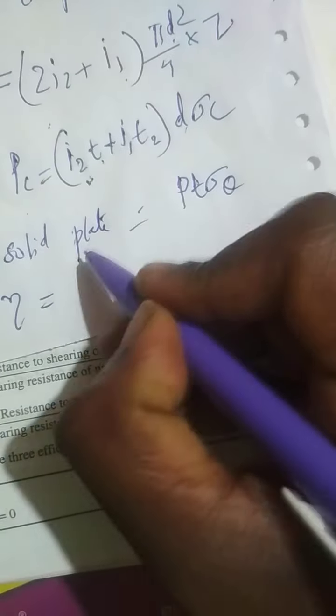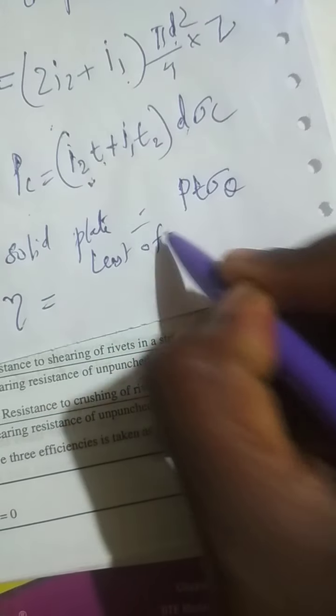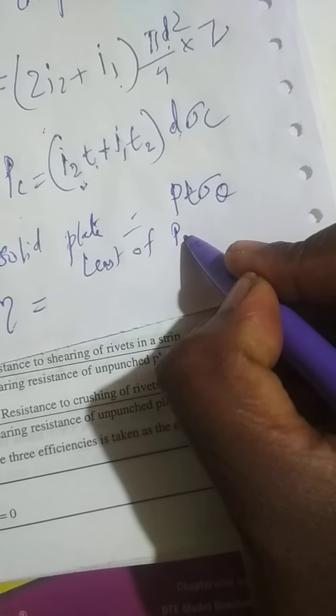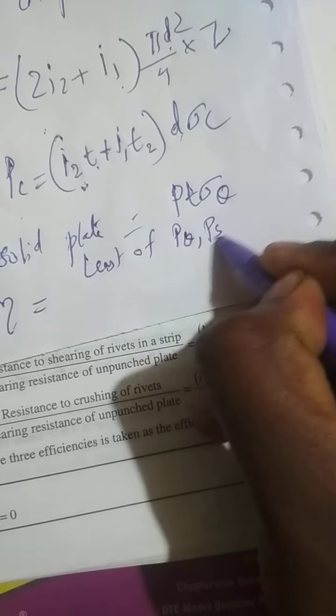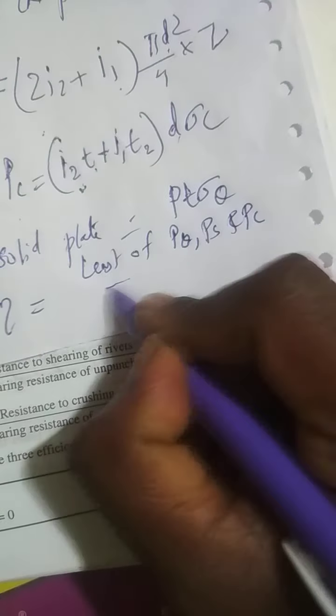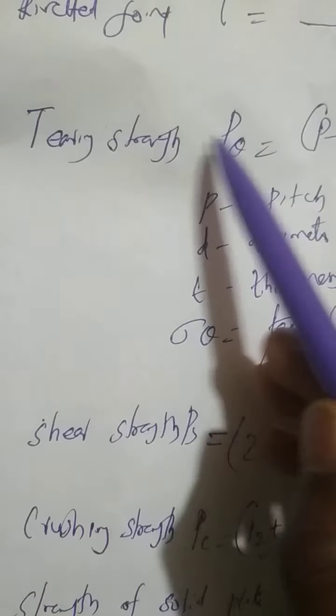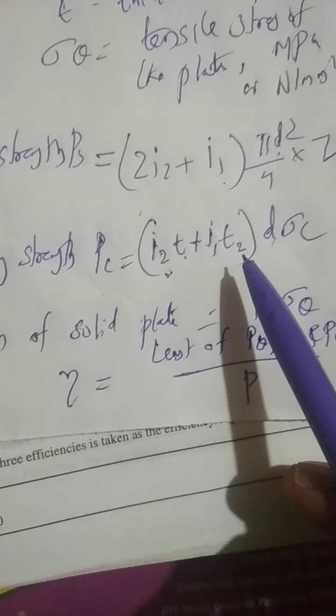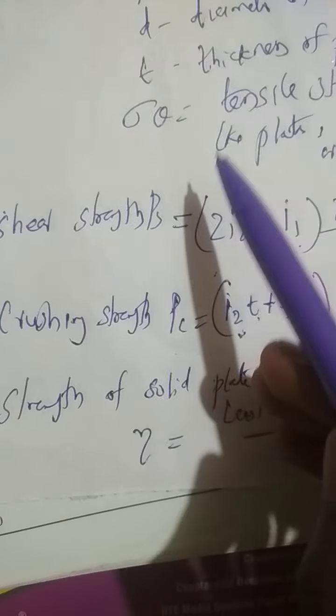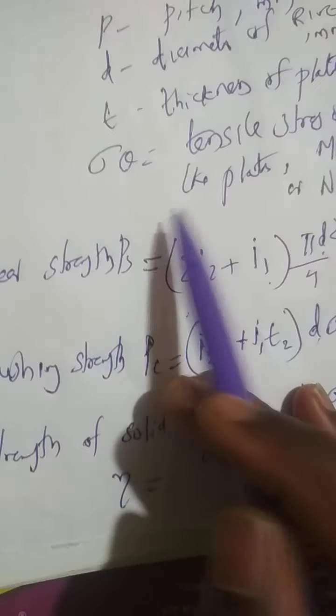Now efficiency eta is equal to the least of Pt, Ps and Pc divided by P. By using this equation, you first find the tearing strength, next shear strength, then crushing strength. Find the least value among these three strengths, divide by the strength of the solid plate, and you will get the efficiency of the riveted joint.